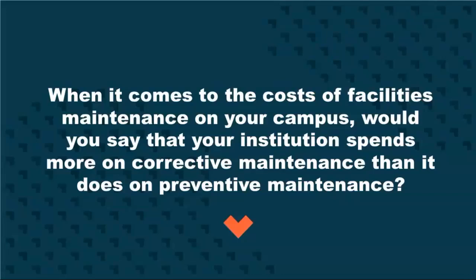We also asked, when it comes to facility cost, where is that money spent? Is it spent on corrective maintenance or on preventative maintenance? Knowing that the unexpected costs are coming up, how often and how much are we spending on being proactive instead of reacting?